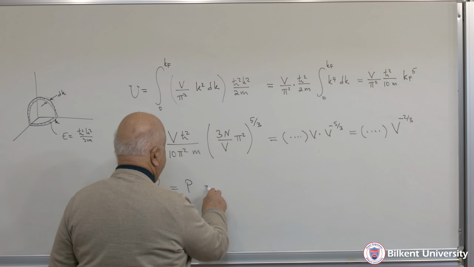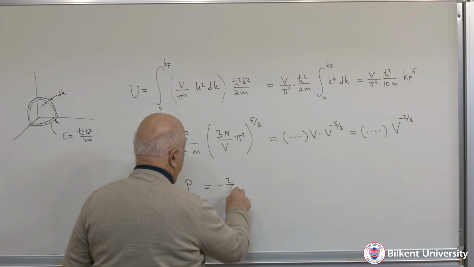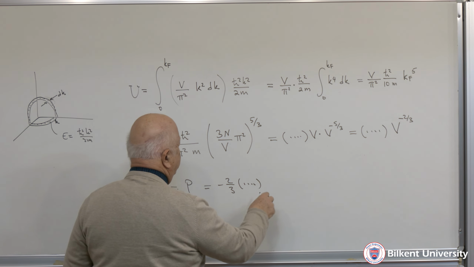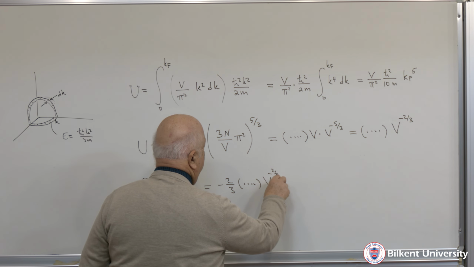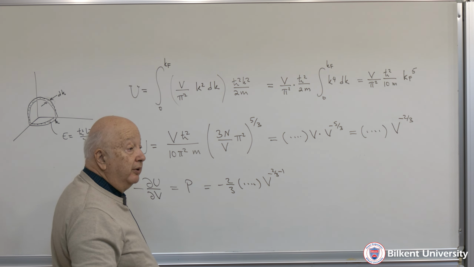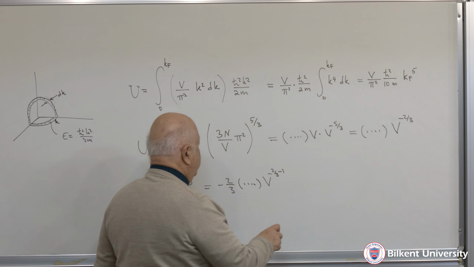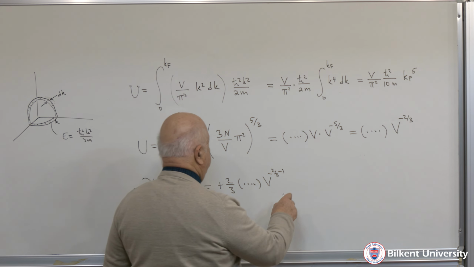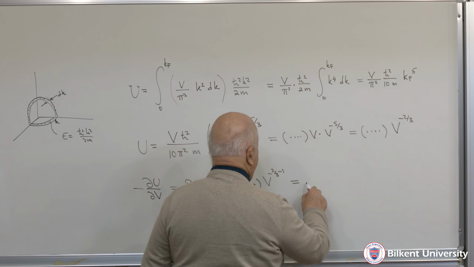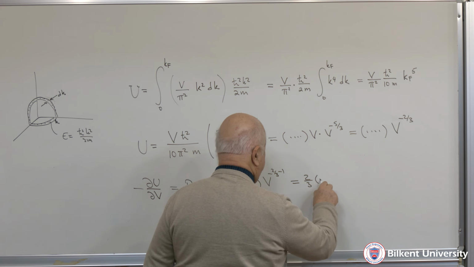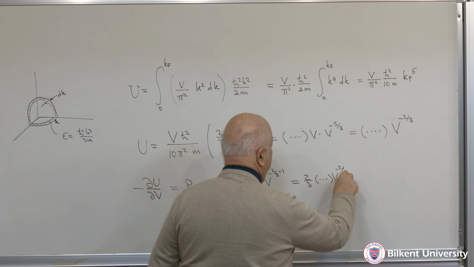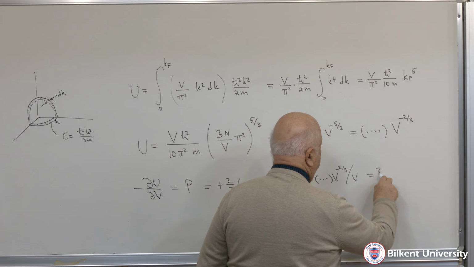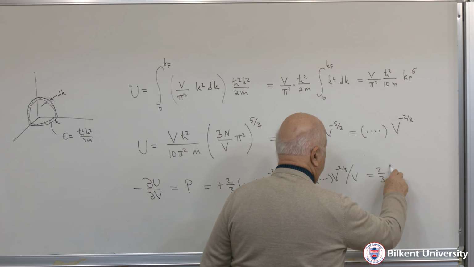I'm going to get minus 2 over 3 times the same thing, but with 1 less power of V. This will be plus because of the minus sign. So what I'll get is 2 over 3 times V to the minus 2 over 3, but with 1 power of V less. So it's going to be 2 over 3 U over V.